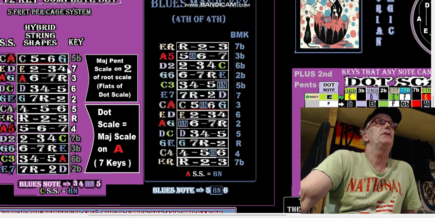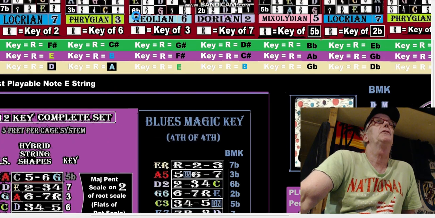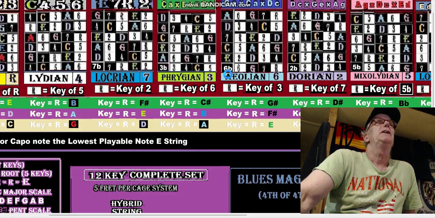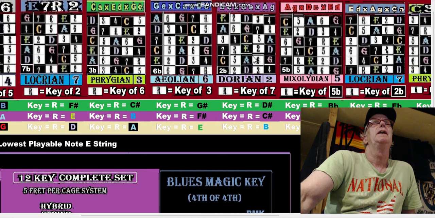Let's look for our little E there on the bottom. Now we have to find it on top because I replaced this. Key of 7. Okay, so in E, it would be the key of E flat. Alright, so root would be on the E flat.